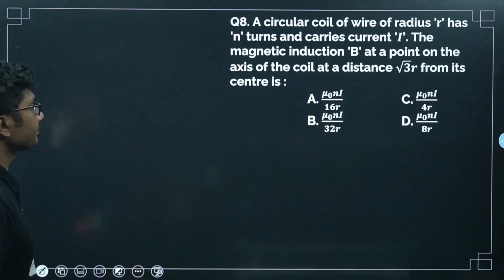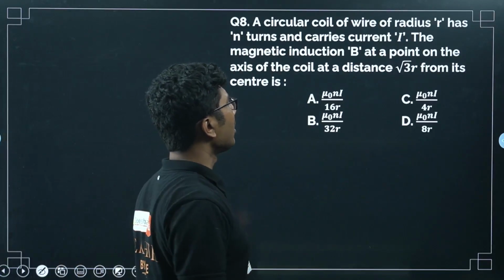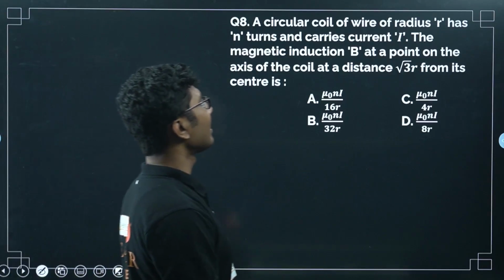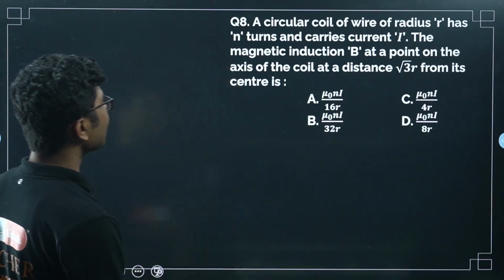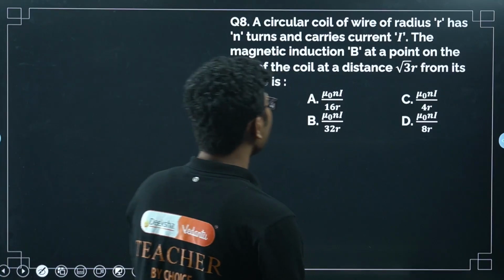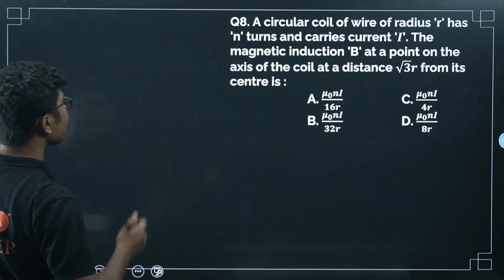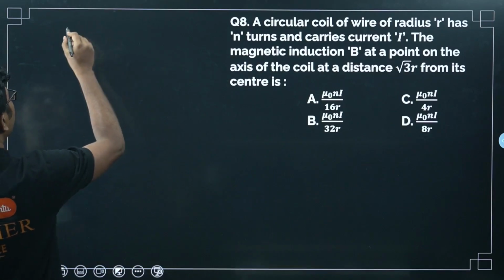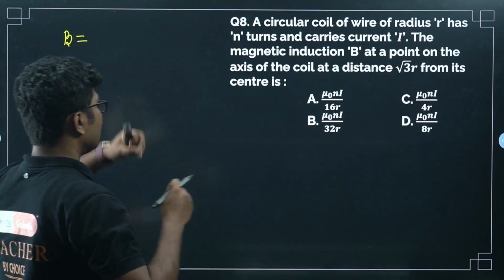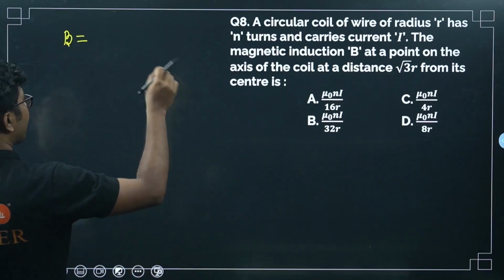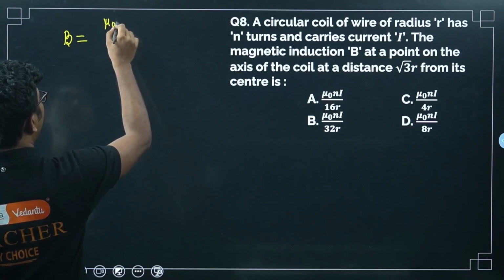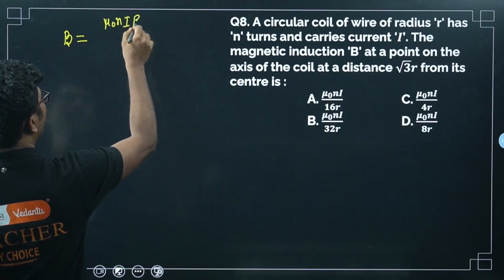Now let's move on. A circular coil of wire of radius r has n turns and carries a current I. The magnetic induction B at a point on the axis of the coil at a distance √3r from its center. I have also solved this question. So what is the problem? We know that the magnetic field on the axis of a circular coil of n turns is given by mu naught N i r square.